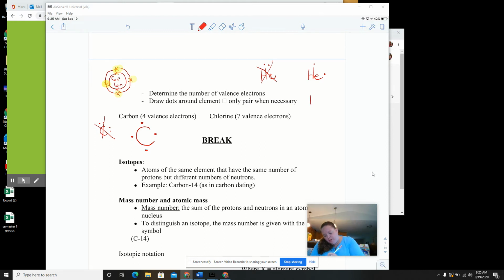You could put one on top, one on bottom, or one on the left and one on the right, or one on the top and one on the left. As long as they're not two together, you can put them on any side that you want. You just can't put two together. They have to be on separate sides. I like to just go on all four compass directions before I start to pair.